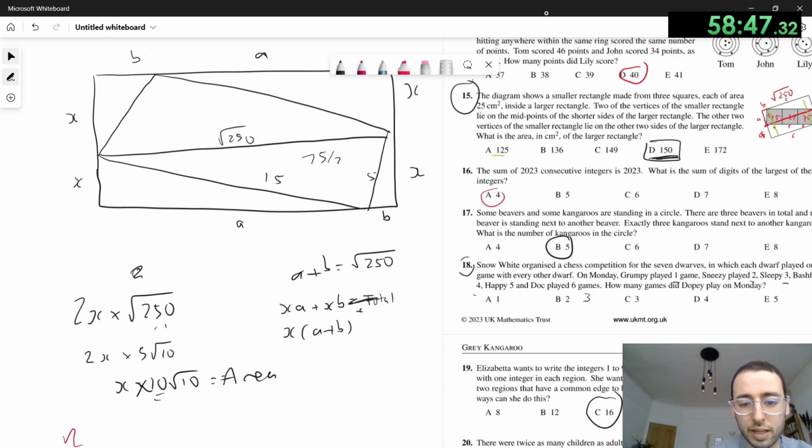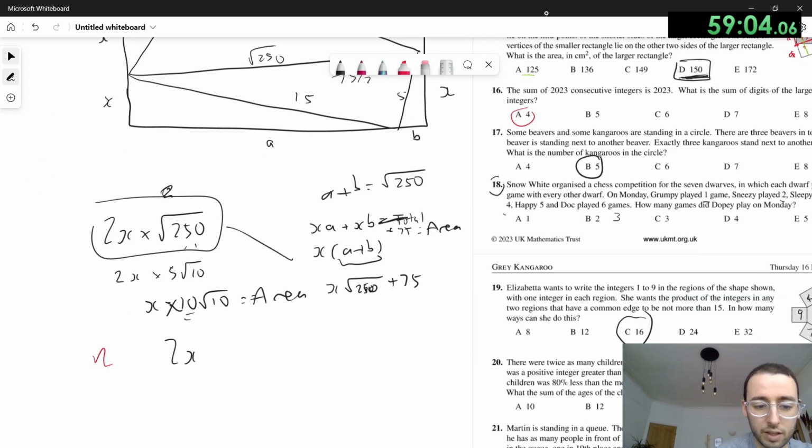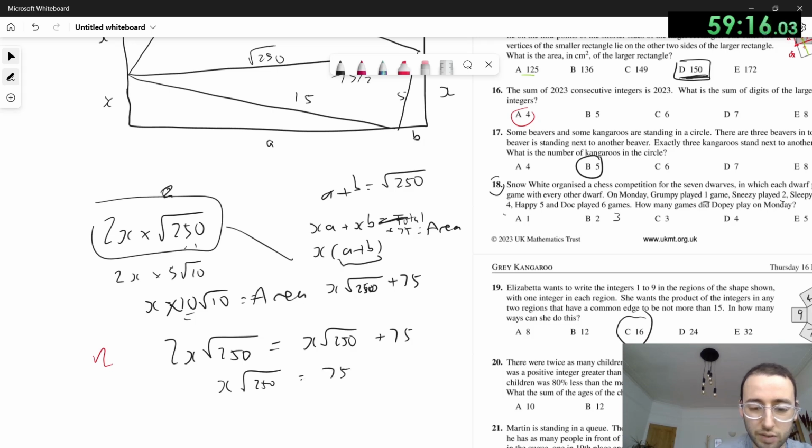This plus the inside, 75, equals my total area. But I know that A plus B is root 250, so x root 250 plus 75 is equal to my total area, which is also the same as this. These are equal to each other. Oh, I managed to do it, I think. 2x root 250 equals x root 250 plus 75. Take that away, I've got x root 250 equals 75. x equals 75 over root 250.